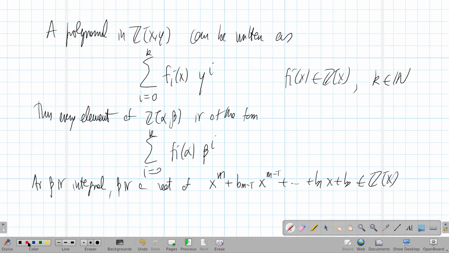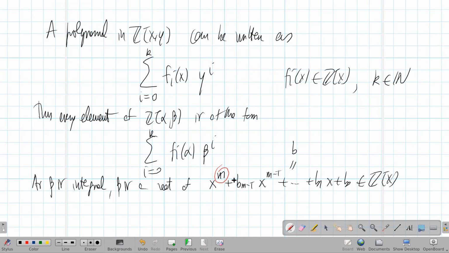I'm circling it in red because I made a change, so you notice that I changed my mind from n to m. So let it be m. Let's call this polynomial B.